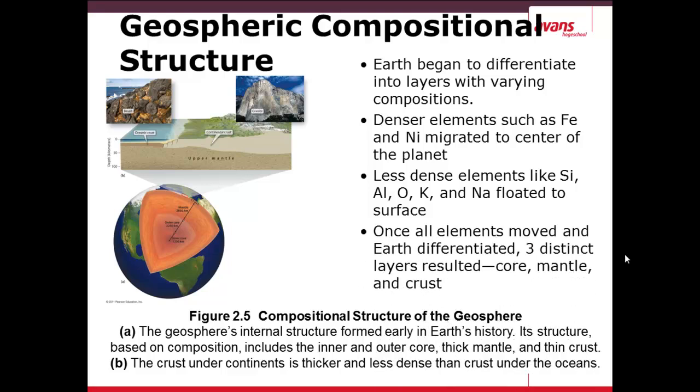Once all the elements moved and the Earth was differentiated, there were 3 distinct layers which it resulted in. The innermost core, outside of that is the mantle, and lastly the crust, which consists also of the surface of our planet.